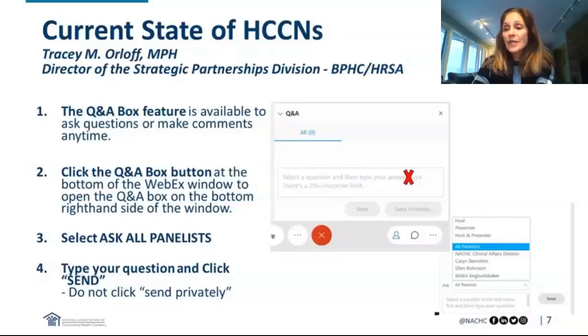Following widespread adoption of EHRs at health centers, BPHC then asked the HCCNs to shift focus to optimizing the use of technology and facilitating the use of EHR data to support patient-centered medical home transformation and, of course, quality improvement at both the care team level and the population health level.